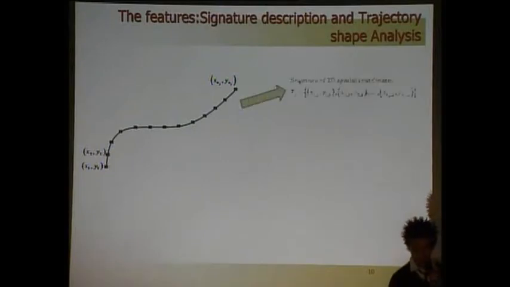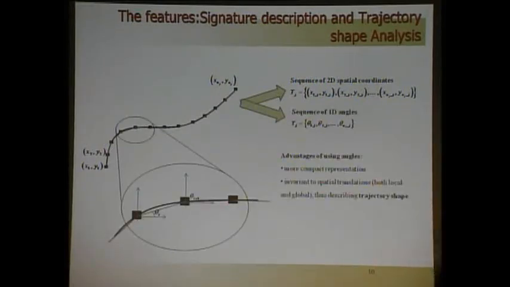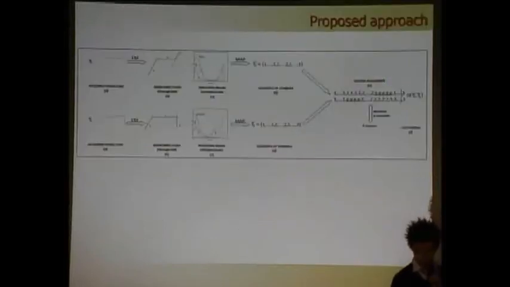But we prefer to use an angular representation because it's definitely more compact, it is monodimensional, and allows us to classify the shape without taking into account the position. So we compute the angle between 2 subsequent points, and we then obtain a sequence of angles instead of a sequence of coordinates.